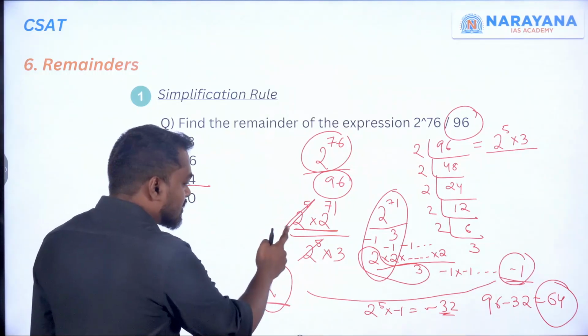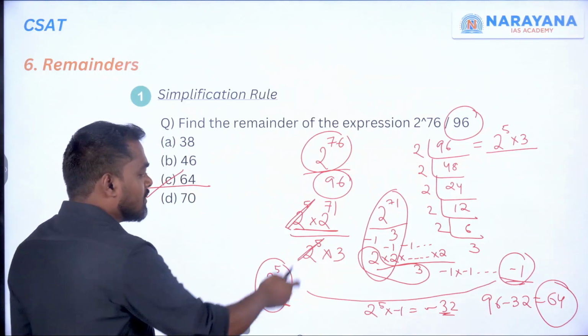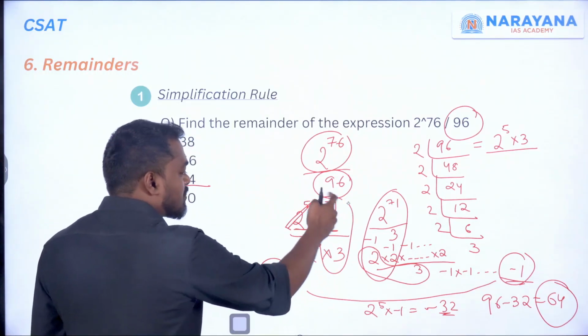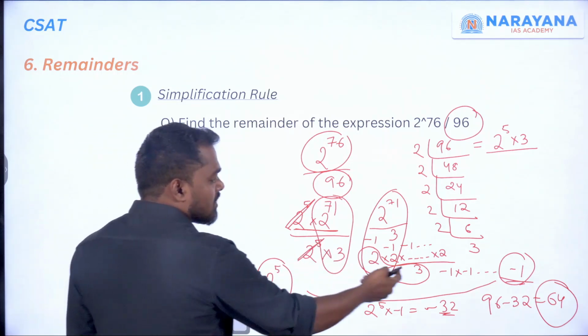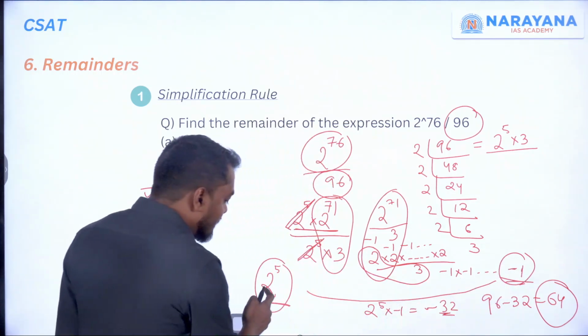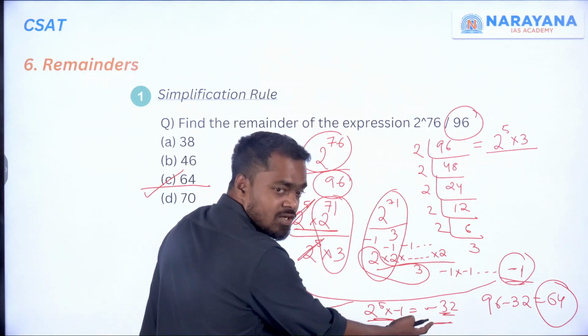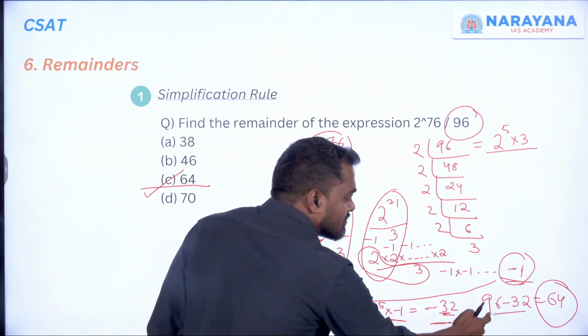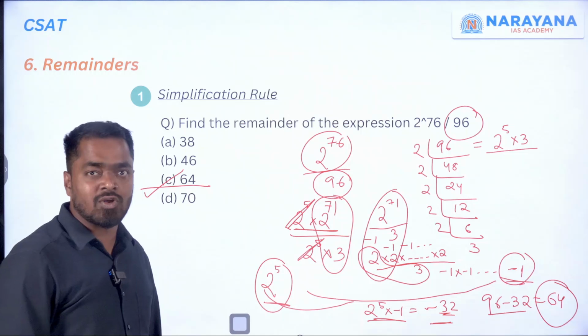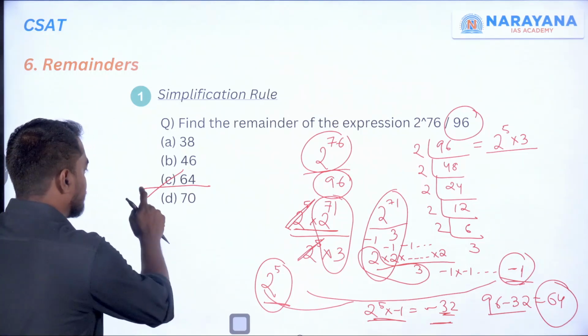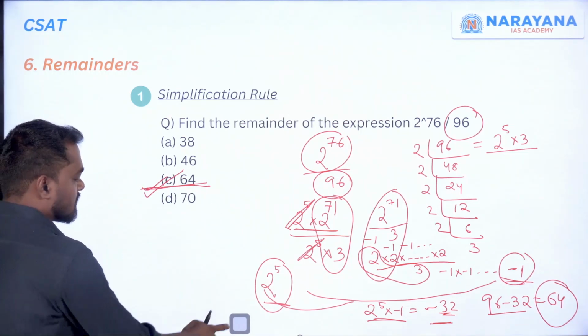So take this 2 to the power 5, that is nothing but 32. Now what is the remaining expression? Find the remainder. You are getting -1. Multiply this 2 to the power 5 with -1, that is -32. So take it out from the original divisor, 64 you are getting as the answer. Understood?